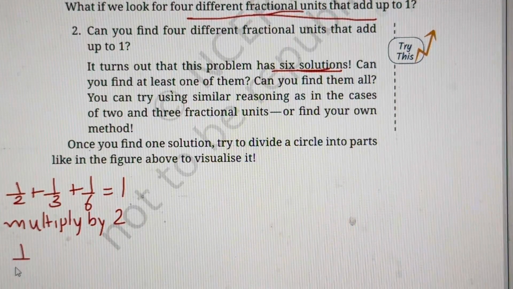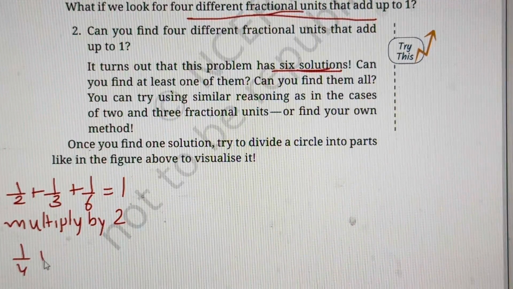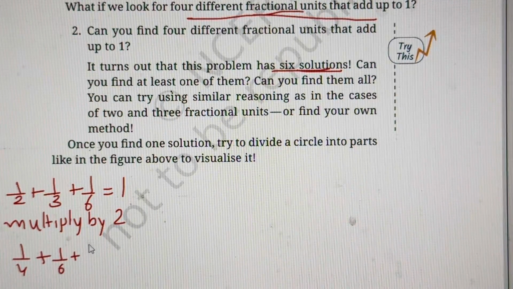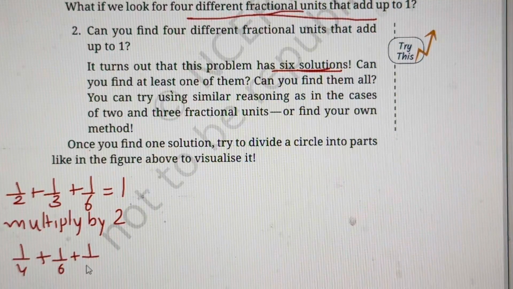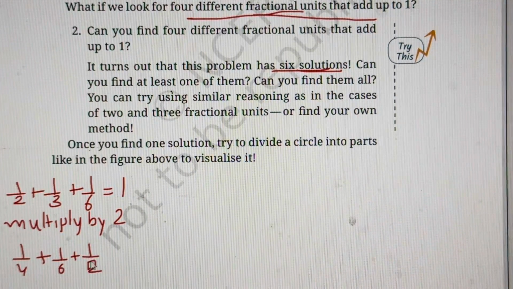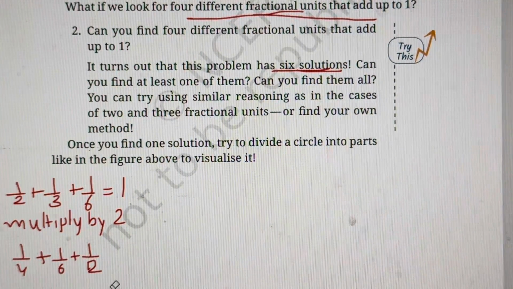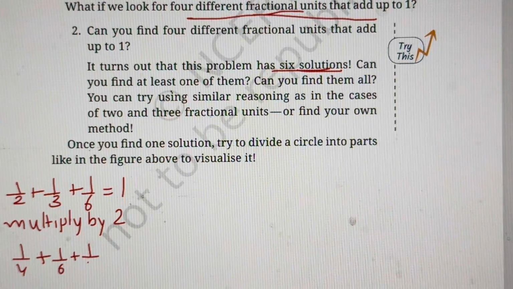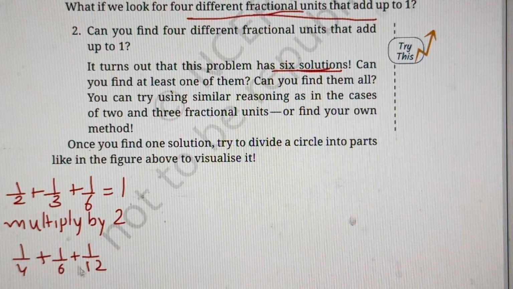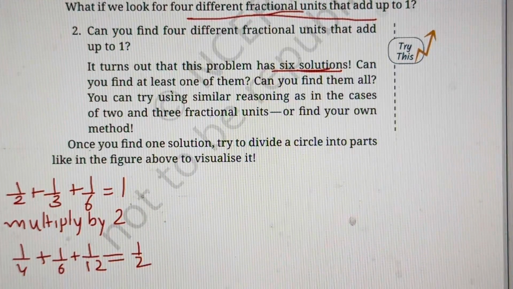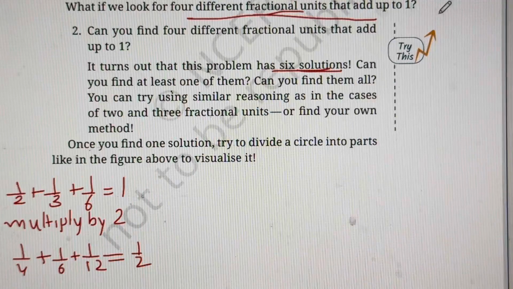You get 1 upon 4 plus 1 upon 6 plus 1 upon 12. Now when you solve this, it adds up to half.